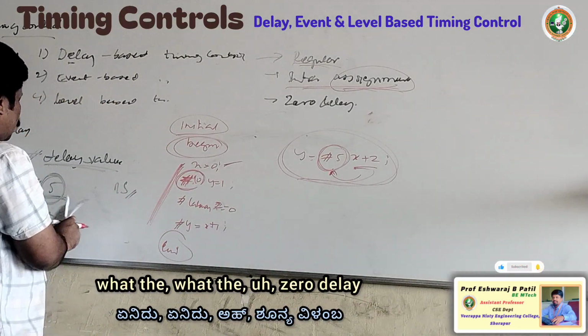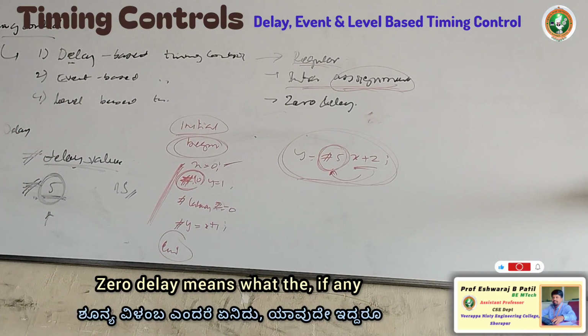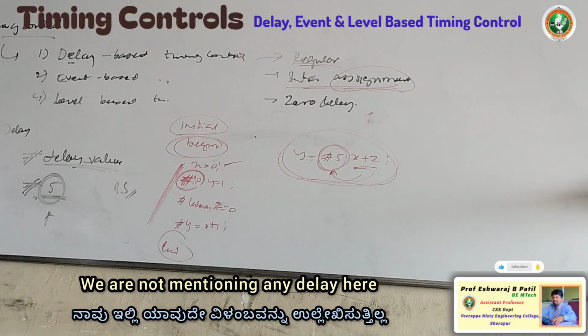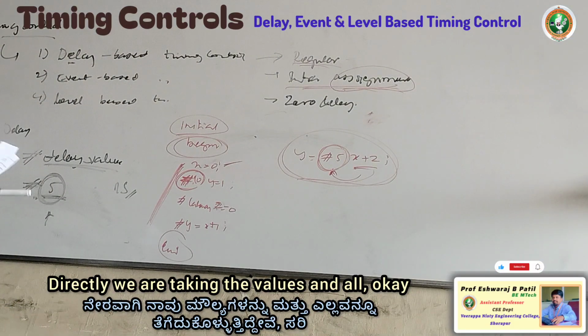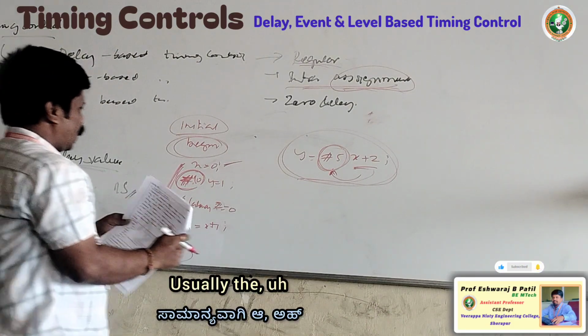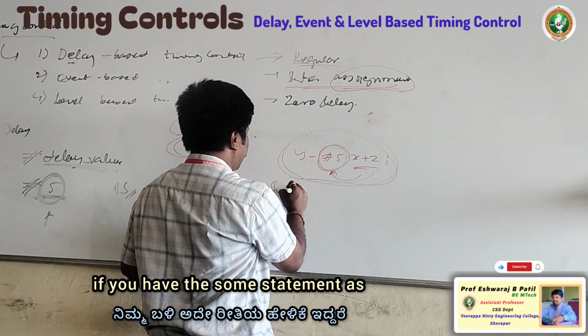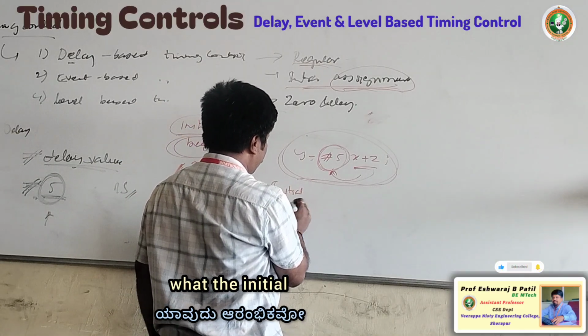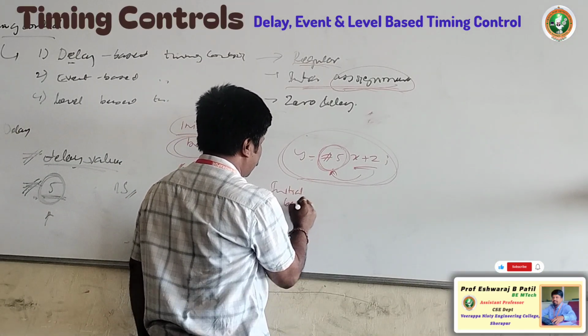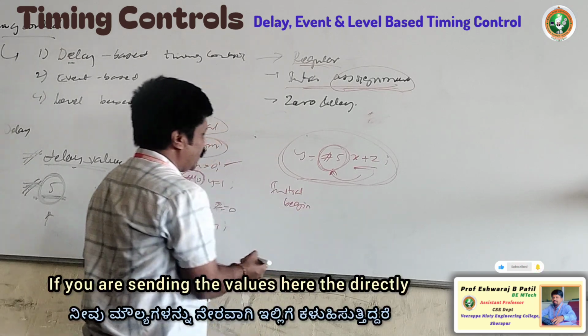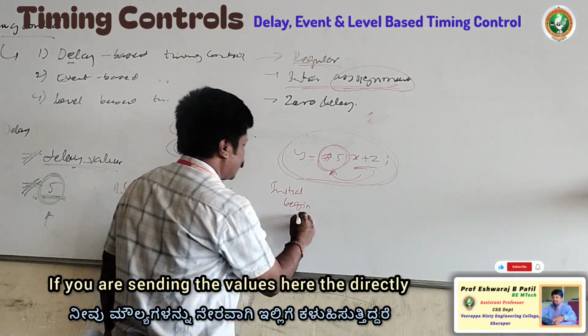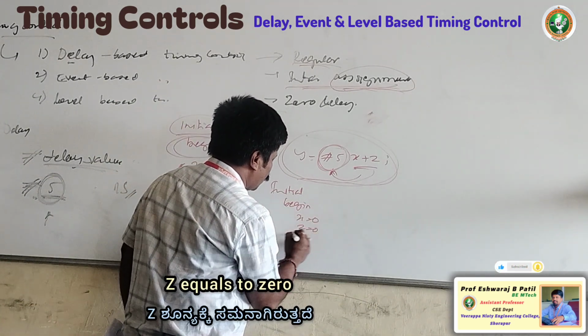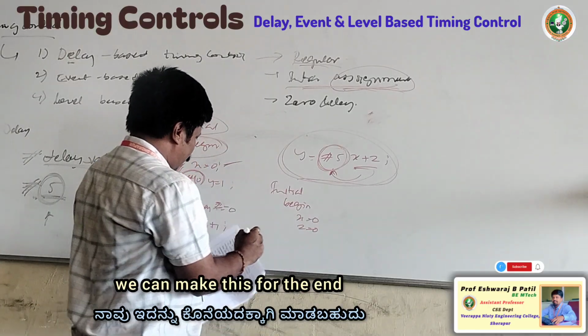Next is the zero delay. It means we are not mentioning any delay here and directly taking the values. Usually if you have an initial statement with begin, you send the values directly, x equals to 0, z equals to 0, and then end.